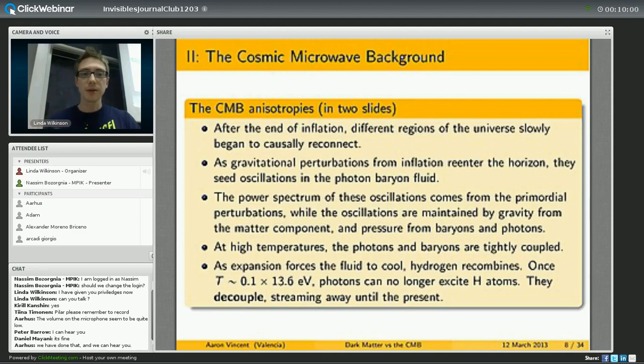Once the temperature reaches something like 1/10 of the ionization potential for hydrogen, the photons in this fluid can't excite hydrogen atoms anymore, and the medium essentially becomes transparent. So what you see when the photons then just stream away is a snapshot of this last scattering surface, which is the last time that photons could escape without scattering with hydrogen or with free ions.